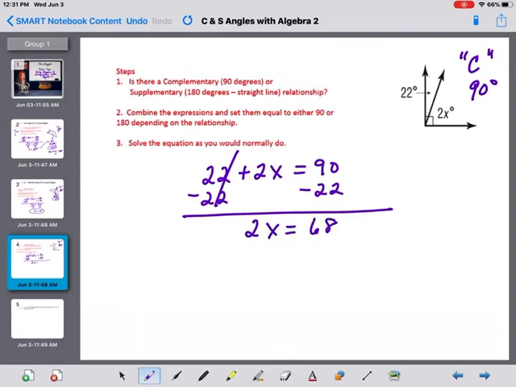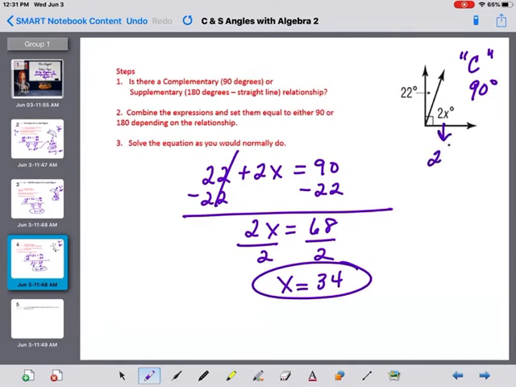So we have 2x is equal to 60 degrees. We want to divide both sides by 2, and we get x is equal to 34. If you were asked to find the measure of the missing angle, we would have 2 times 34, or 60 degrees. And if I added that to 22, I would get the 90 degrees that I would need for these to be complementary.